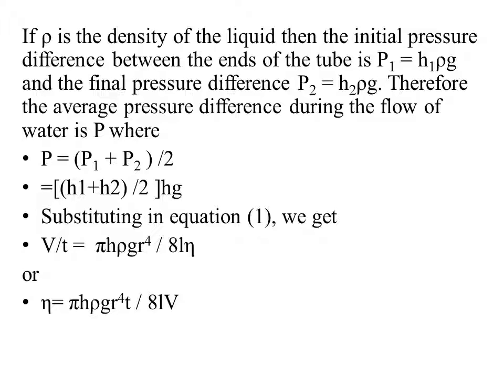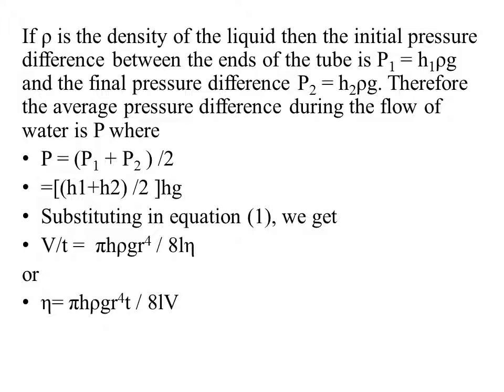If rho is the density of the liquid, then the initial pressure difference between the two ends of the tube is equal to H1 rho g and H2 rho g. Therefore, the total pressure P will be equal to P1 plus P2 by 2, which is equal to H1 rho g by 2 plus H2 rho g by 2. Substituting this value in the equation, we get V by T is equal to pi H rho g R power 4 by 8 L eta.